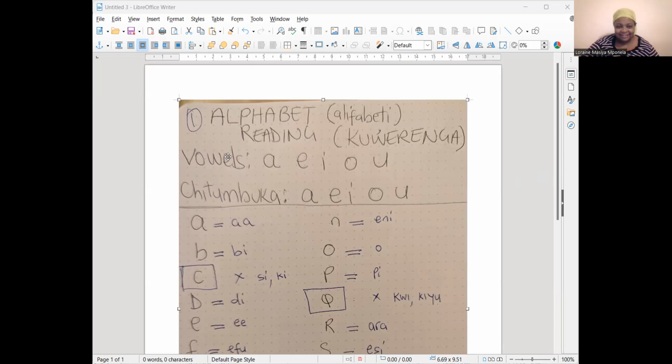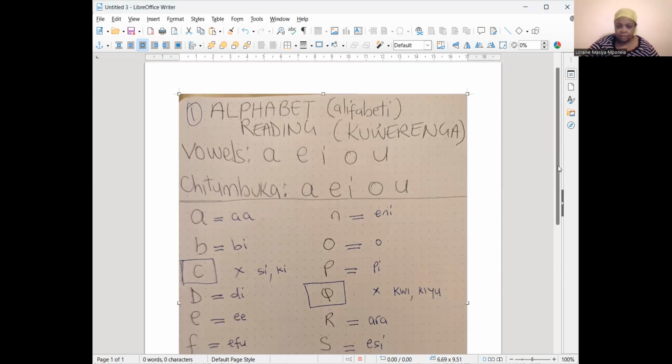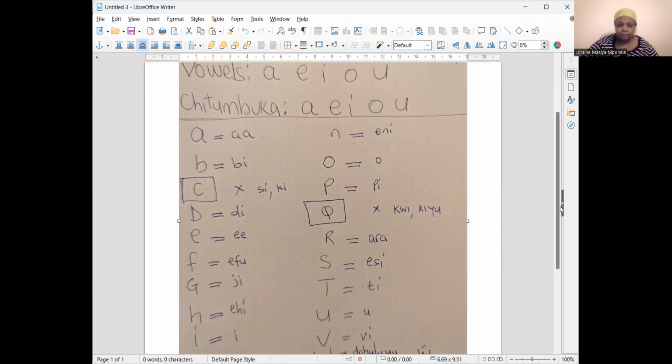Of course, this is A in my language. So in my language, A, E, O, U. The same way it's read in English, but you'll see the changes shortly.